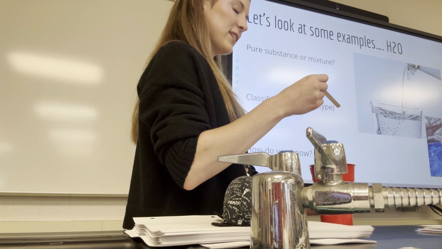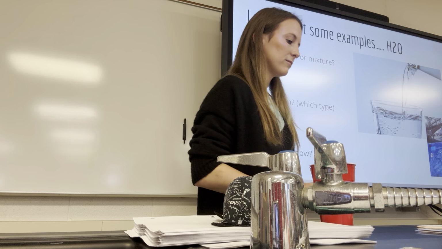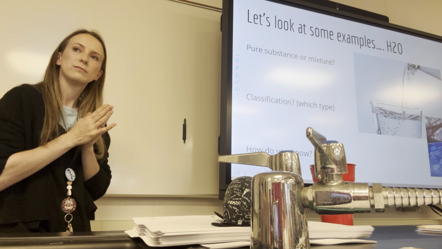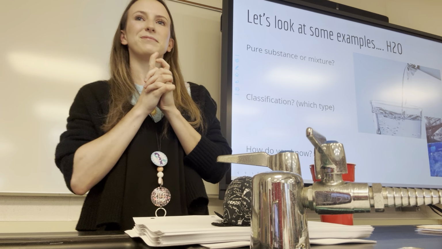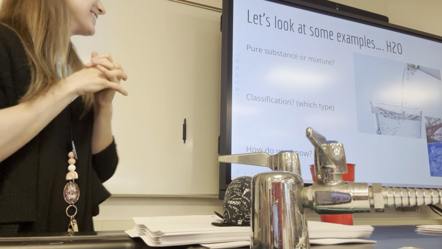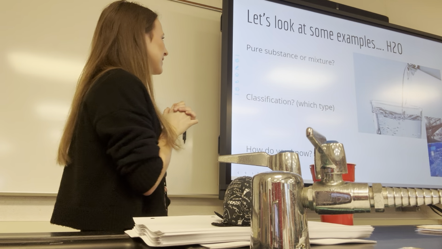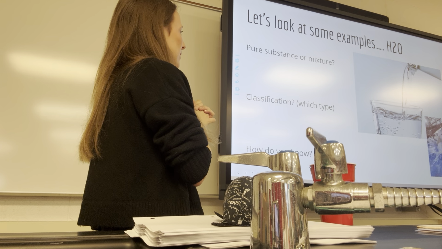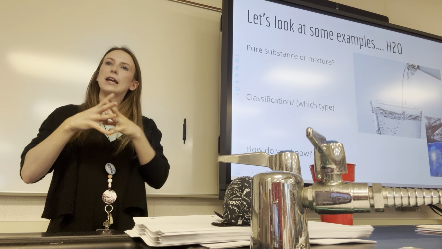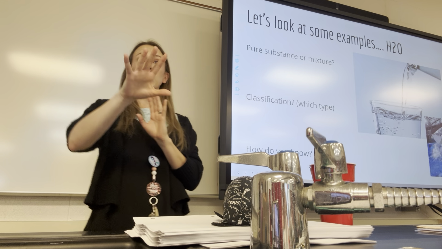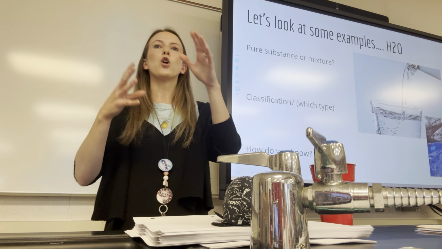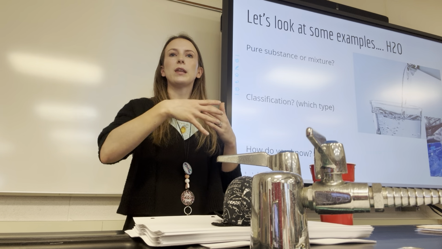We got Sophie. It's a pure substance, like specifically a compound. How do you know? Well, it's one of the examples on the flow chart. It sure is. And then also a homogeneous mixture, because it's all the same and uniform. So I get where you're getting at, but you kind of combined your two terms. You were right that it is a pure substance and a compound, but don't mix homogeneous in with that because that would be separate.